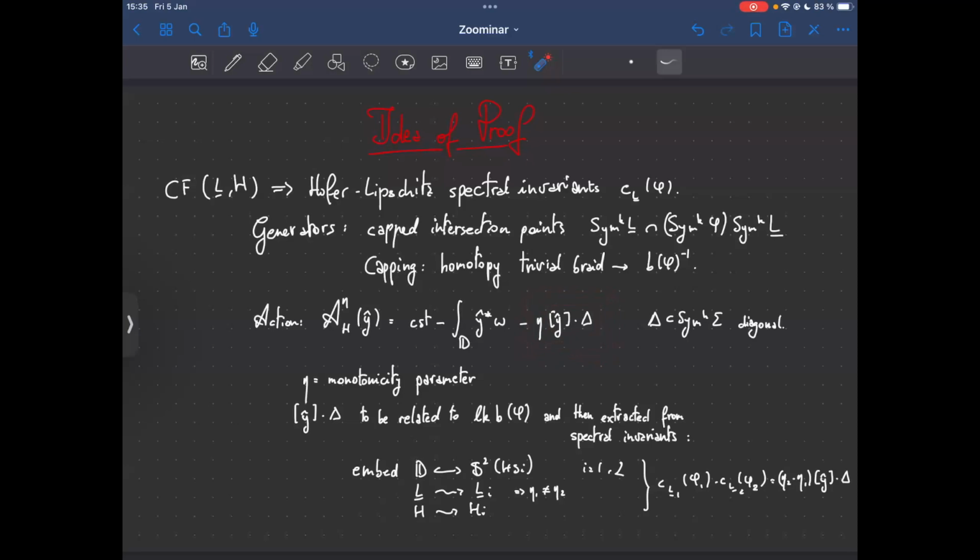So we want to first relate this intersection product to the linking number and then extract it from spectral invariants. I will actually only do the latter because I have about 1 minute left, and I think it's more important. The idea is actually not difficult. We have to embed the disk into spheres of different areas.